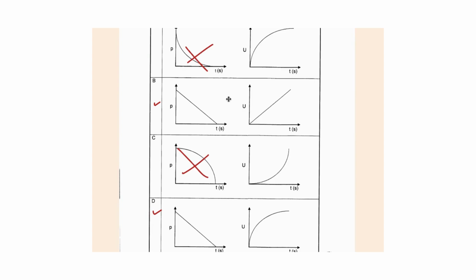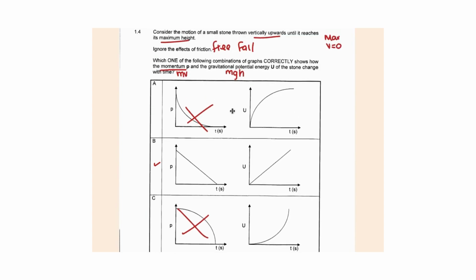And then now let us decide on the gravitational potential energy. As the ball is moving up, as time continues, the height is going to increase. And if height increases, we know the mass and the gravity are constant. That is not changing since the ball is in free fall. So what is changing is the height. As the height increases when the ball goes up and approaches maximum height, we expect the gravitational potential energy to increase.